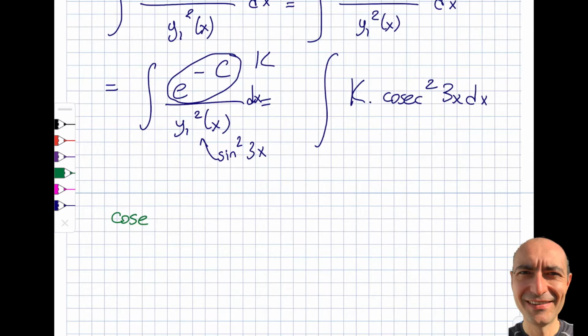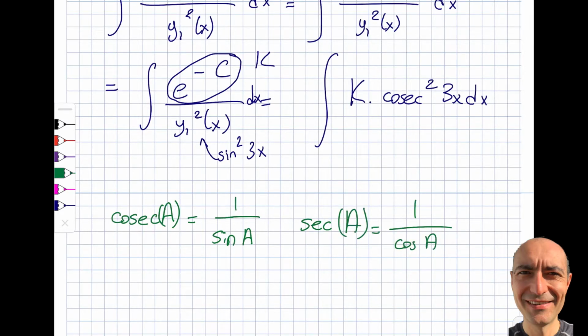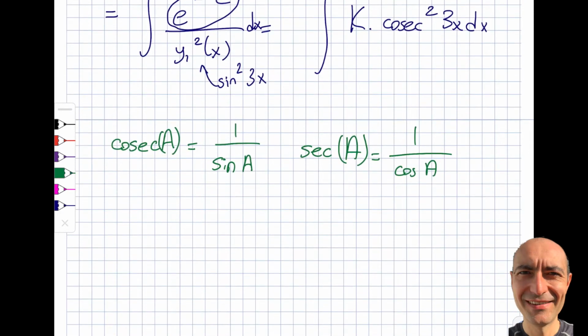Basically, cosecant of a will be 1 over sine a. Secant of a will be 1 over cosine of a. And I also have cotangent; you can imagine what it means. It's 1 over tangent.